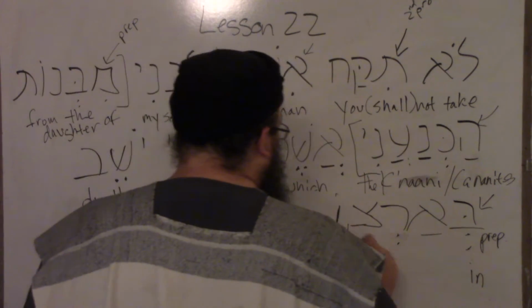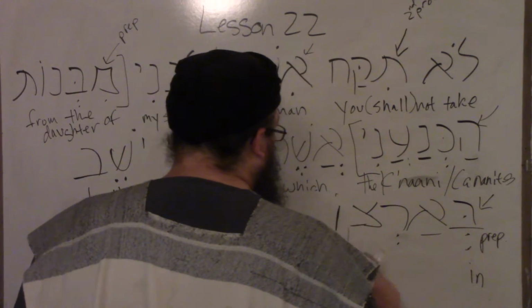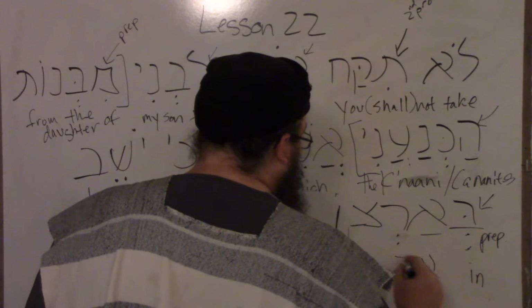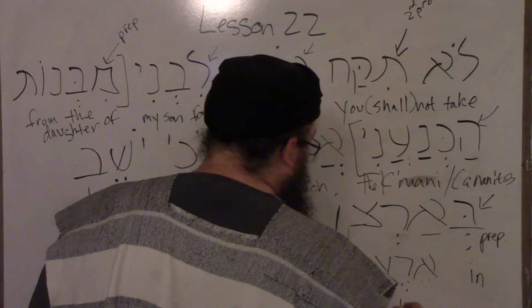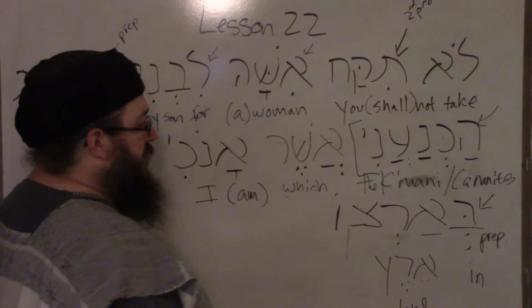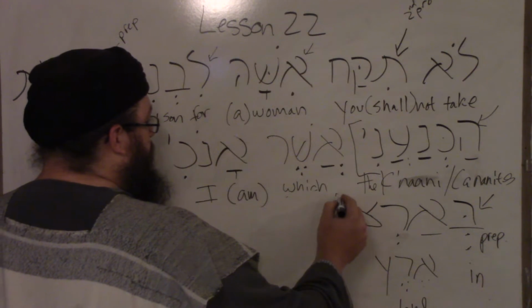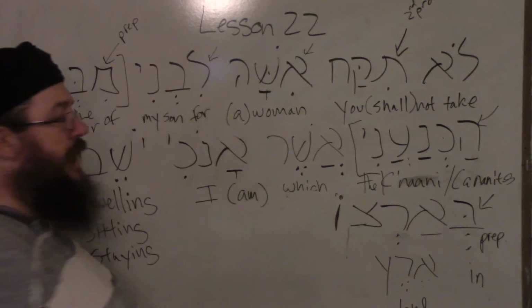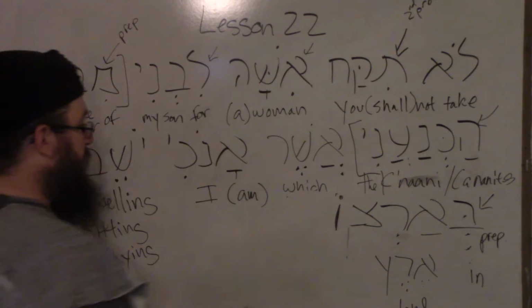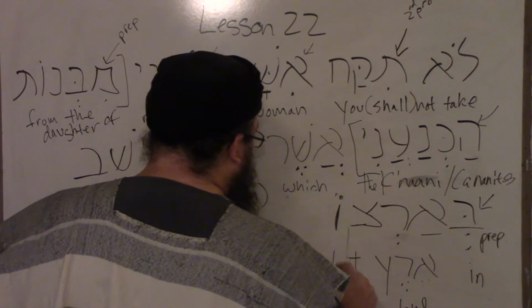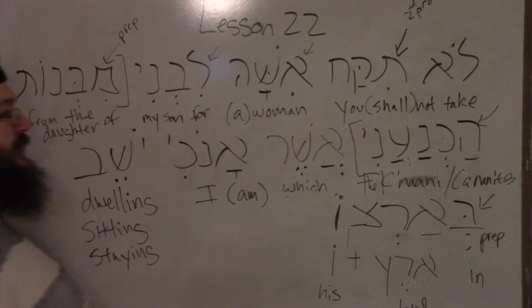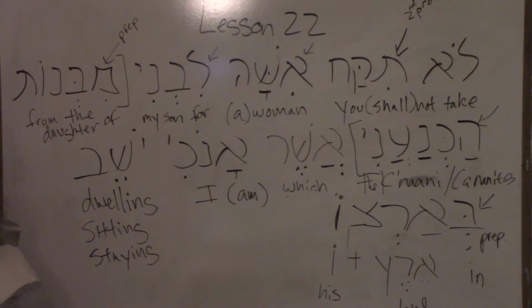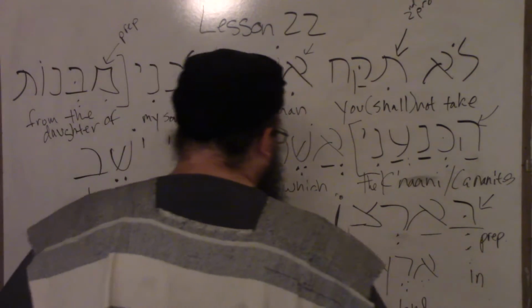Then we have to break apart this part of the root. So here we have left over Aleph, Resh, Tzadi, which is the word Eretz, which is the word for land. So in land, and then we have to make up for this arzo. So the vav here, which is the word for his. So in his land is how we would be translating this.